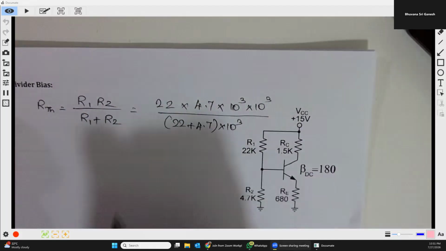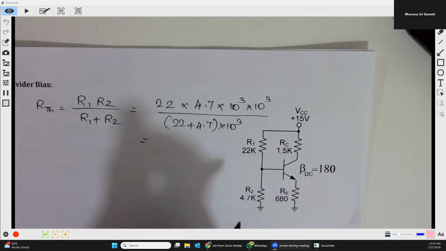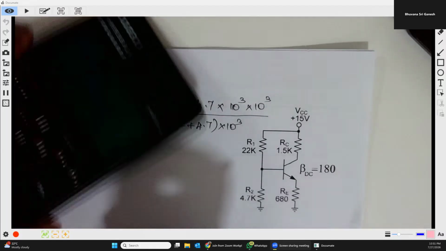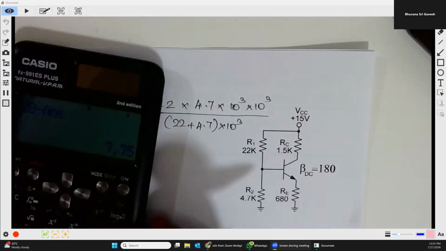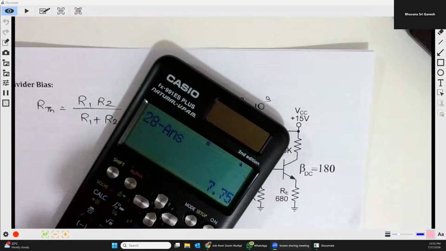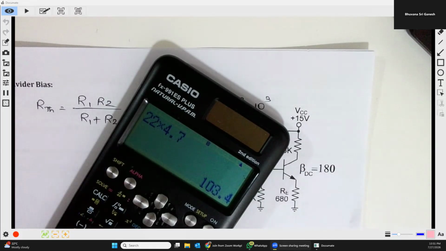Now use your calculator: 22 times 4.7 equals 103.4 divided by 22 plus 4.7.